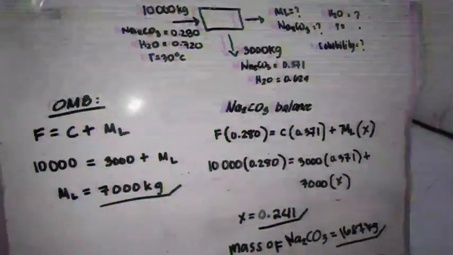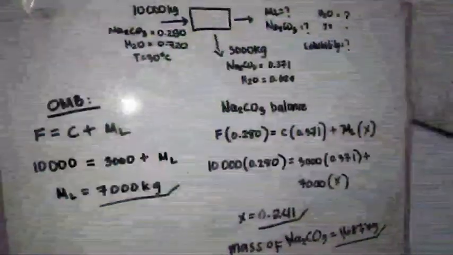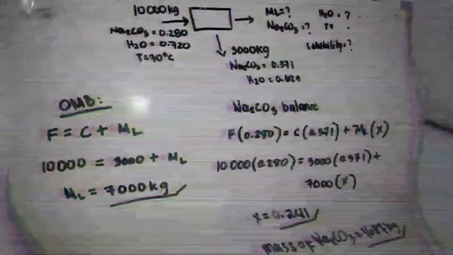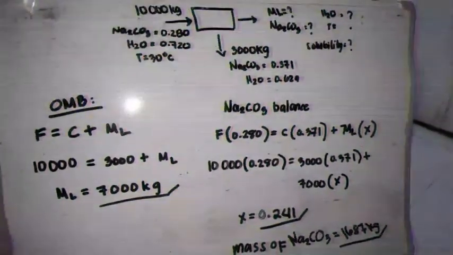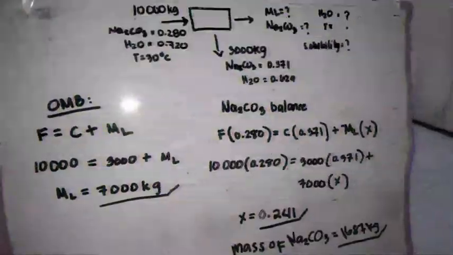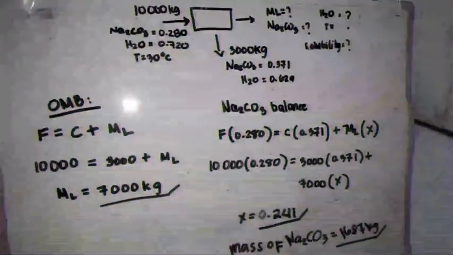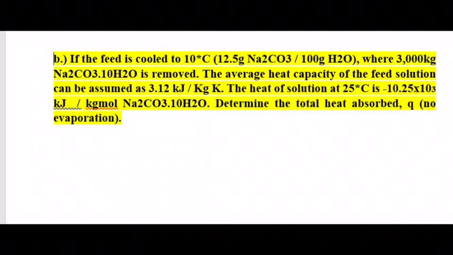So therefore we get the answer of 0.241. So we already solved for the mass fraction of Na2CO3 in the product. Now we could also calculate the mass of sodium carbonate, and we have 1,687 kilograms. So we are done in part A and now we proceed to the second question.